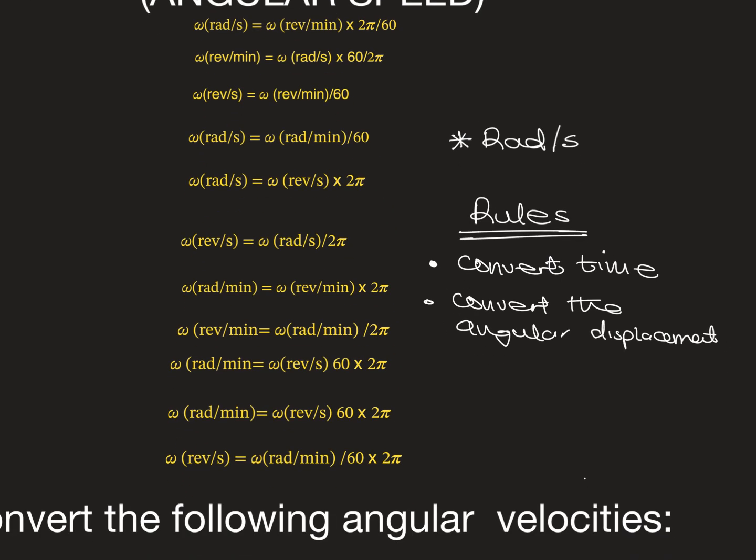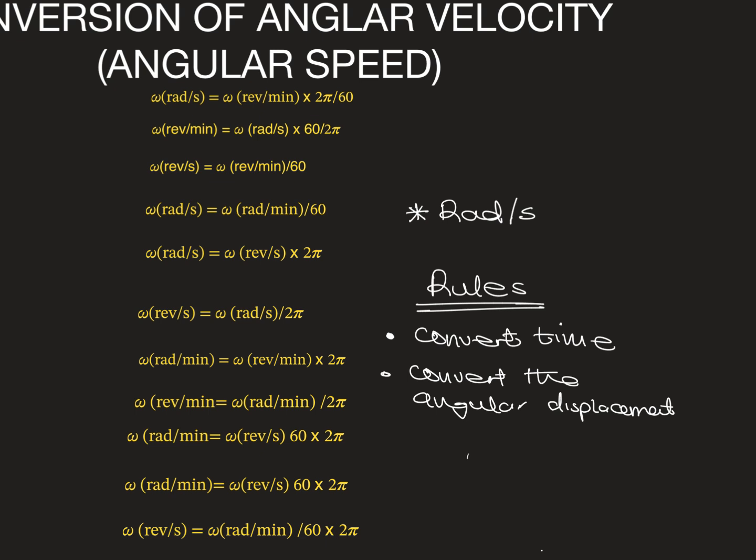Okay, remember the angular velocity is the angular displacement divided by time. So the first thing you have to do to make it easier for you is to convert time, then later you convert the angular displacement.